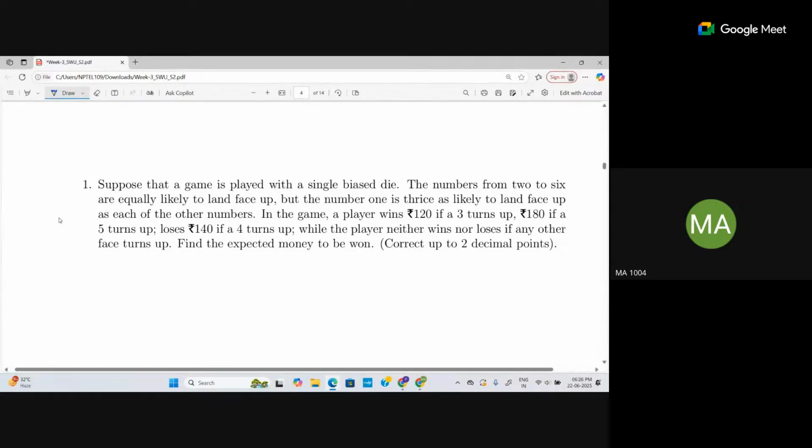In the game, a player wins 120 rupees if 3 turns up, and 180 if a 5 turns up, and he loses 140 if a 4 turns up. The player neither wins nor loses if any other face turns up. We have to find the expected money to be won. Try to solve this question.